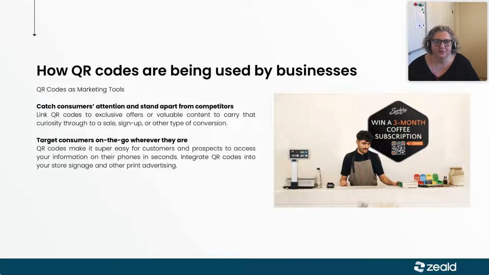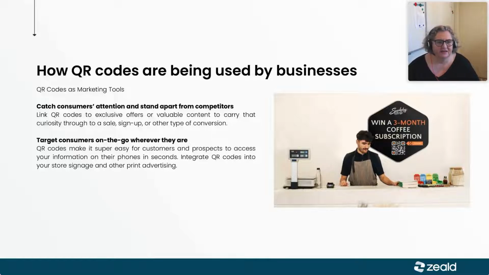So the first group of ideas are really using QR codes as marketing tools. And so you can catch your consumers' attention and stand apart from your competitors. So link QR codes to exclusive offers or valuable content to carry that curiosity through to a sale or sign up or other type of conversion.